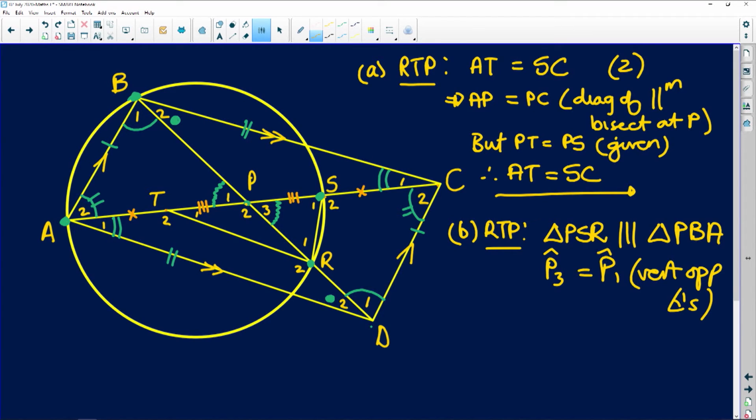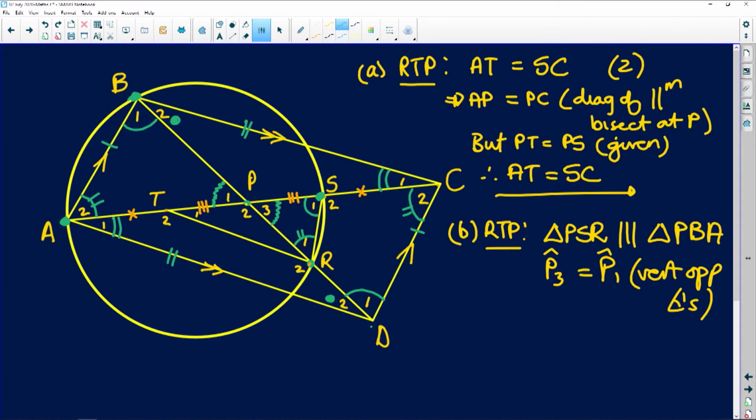If I look at angle S1, it is subtended by the arc AR, but AR also subtends B1. So this angle here is equal to that one. And by the same token, BS subtends R1 and BS subtends A2. So R1 is one of these bunny ears. They are equal because of angles in the same segment.